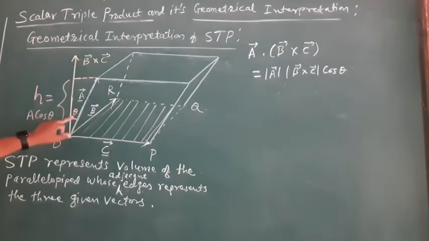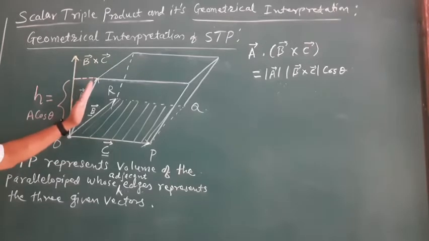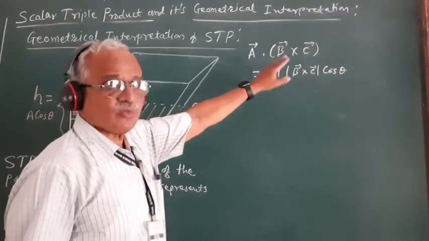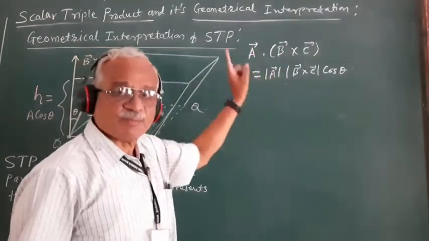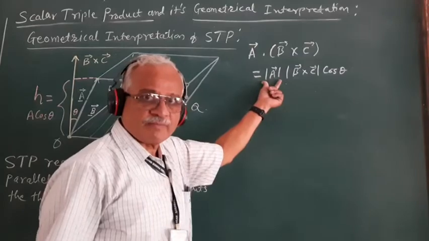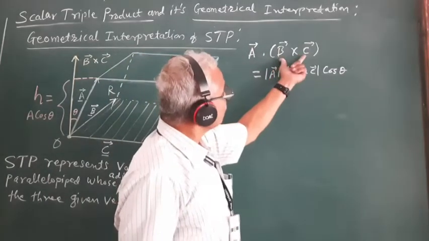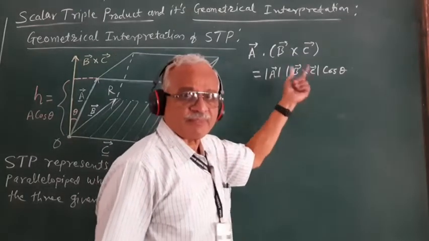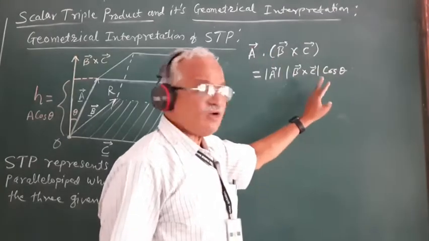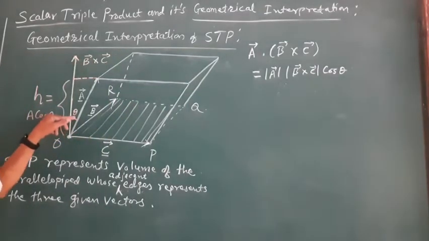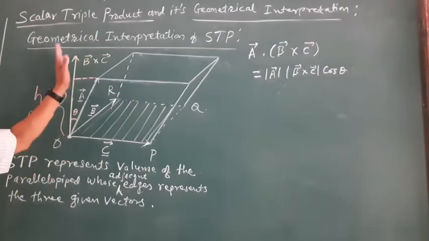So here, if we consider that theta is the angle between the vector a bar and b bar cross c bar, then the scalar product of these three vectors can be expressed as the product of the magnitude of the first vector in the product, that is a bar, multiplied by the magnitude of the second vector in the product, that is b bar cross c bar, multiplied by cosine of the angle between these two vectors. So here theta is the angle between a bar and b bar cross c bar.